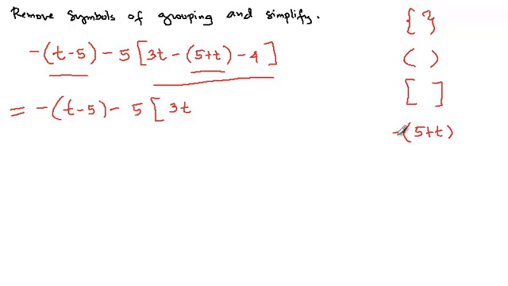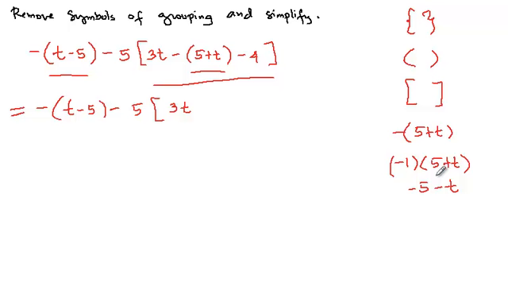So you just distribute, as if it were negative 1 times 5 plus t. So simply multiply negative 1, using the distributive property of multiplication over addition. So, negative 1 times 5, that's negative 5. Negative 1 times t, that's negative t.